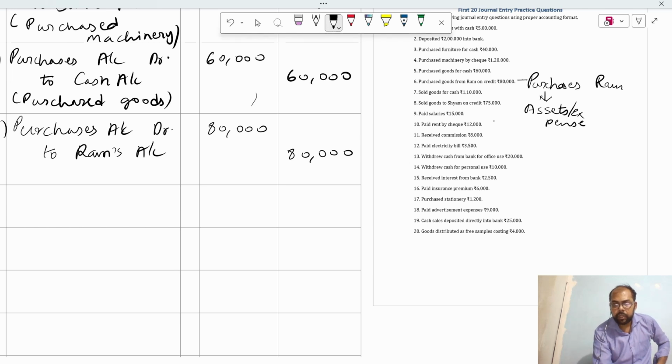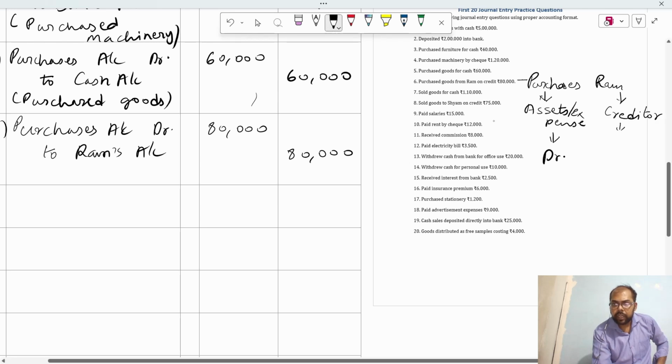It is debited here because, if seen as an asset, it is increasing, therefore debited. If seen as an expense, it is also increasing, therefore debited. Now, Ram. We are purchasing the goods from Ram on credit, so clearly Ram is our creditor, and a creditor is a liability because it shows the future obligation for payment.